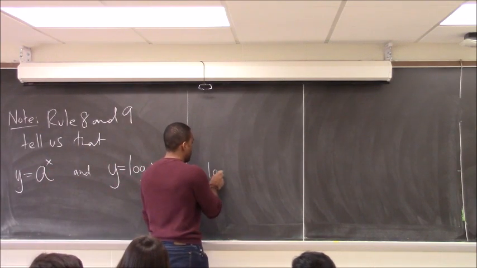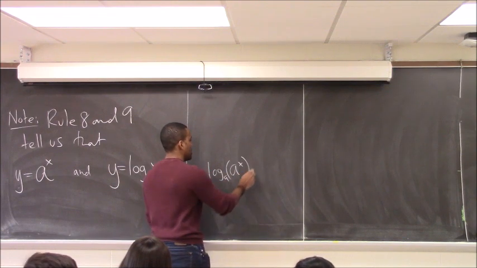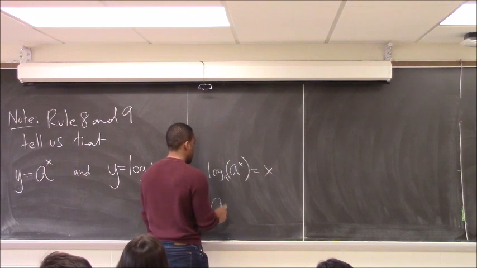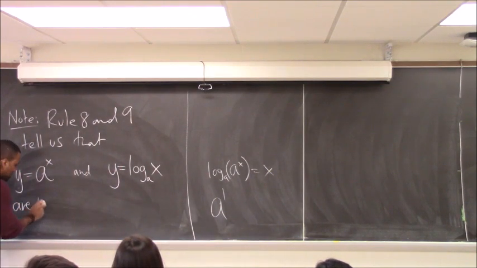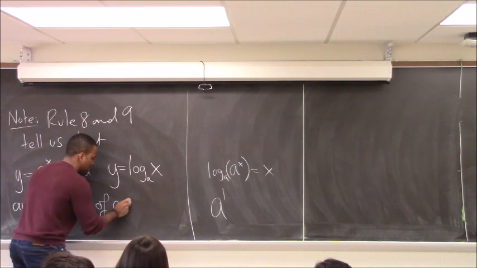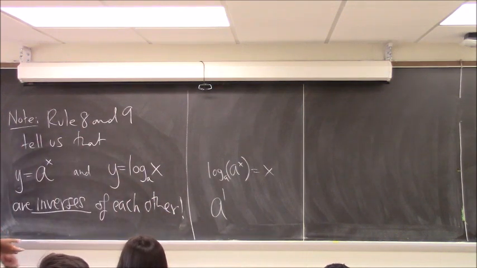The rules were, if I take an exponential and plug it into a log, the output is x. They're inverses of each other.